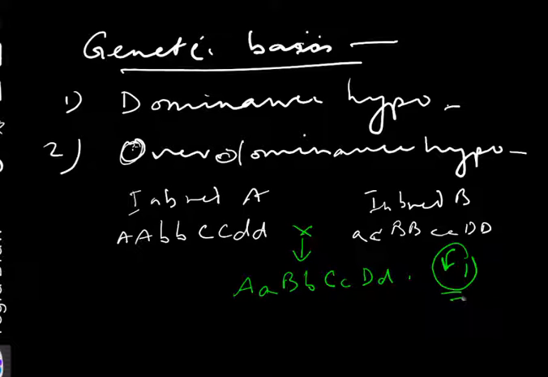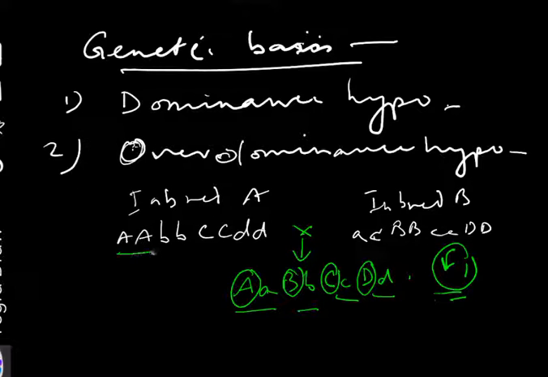Why does the heterotic plant have a better yield? Because for each of the four genes considered here, the hybrid has at least one dominant allele. But when you see the parents, for gene A there are two dominant alleles, but for the next gene, both alleles are recessive. Again, for gene C, both are dominant, and for gene D, both are recessive.